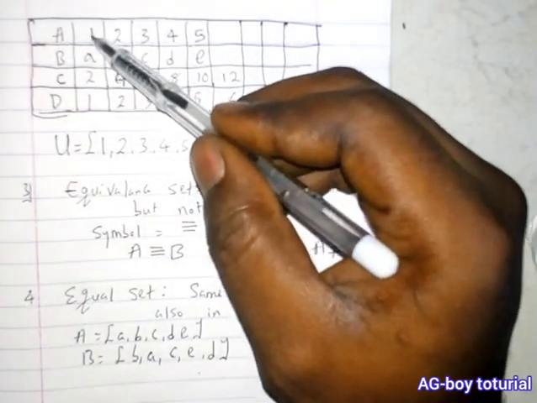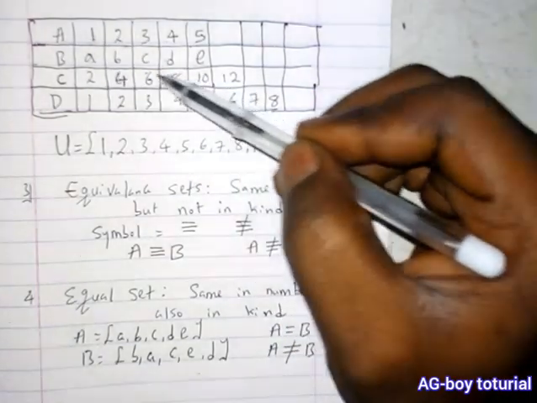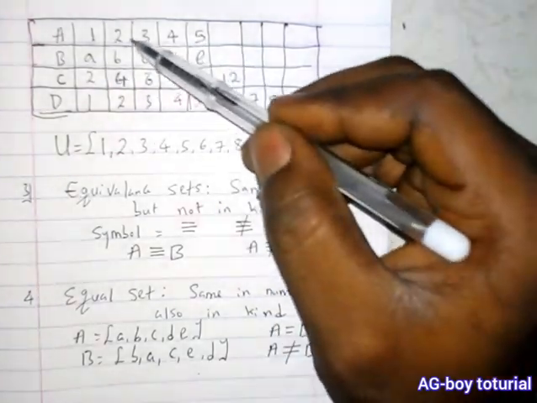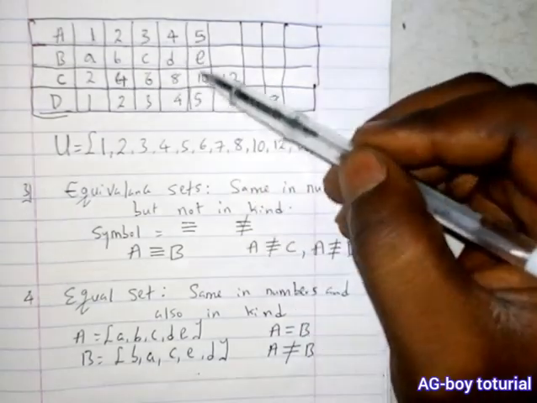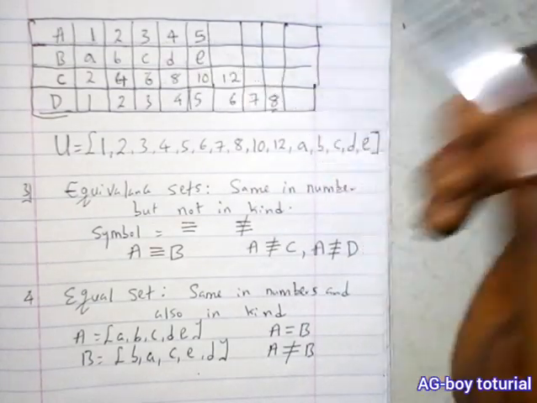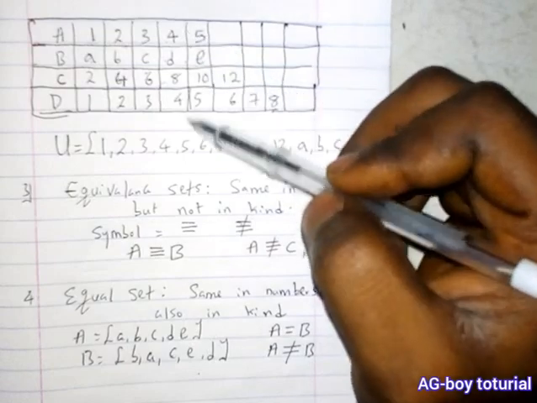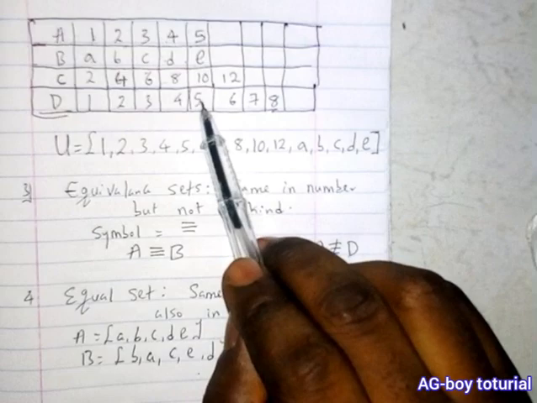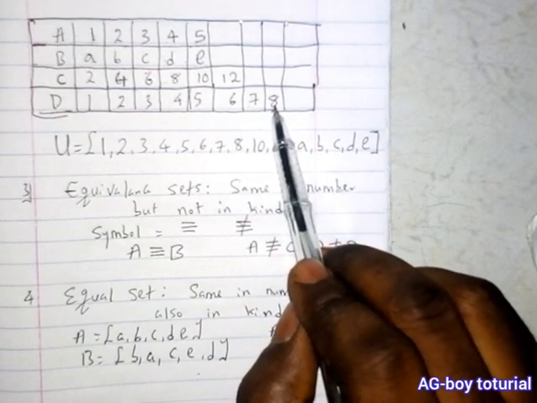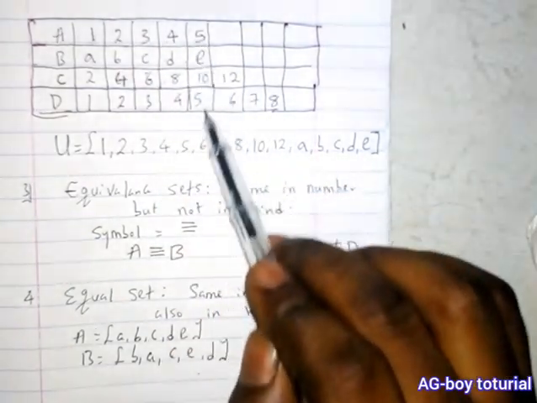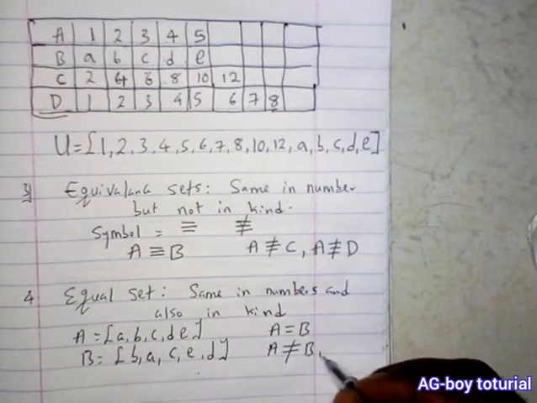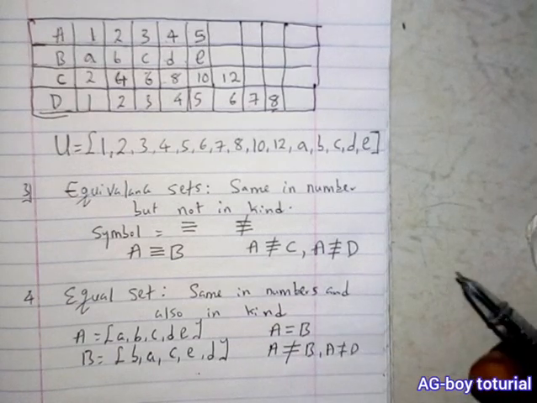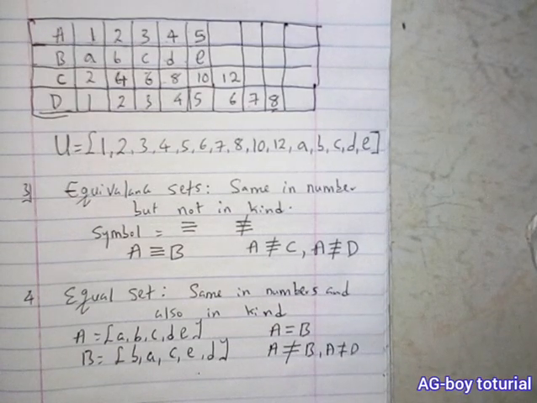There is 1 here and you can't find 1 in C. And there's 2 here, you can find 2. You can find 3 here and so on. So A is not equal to C, and C is 6, A is 5. Then A is not equal to D because D continues. D is more than 5. It's up to 8 and A is 5. So A is not equal to D. So that's for that.